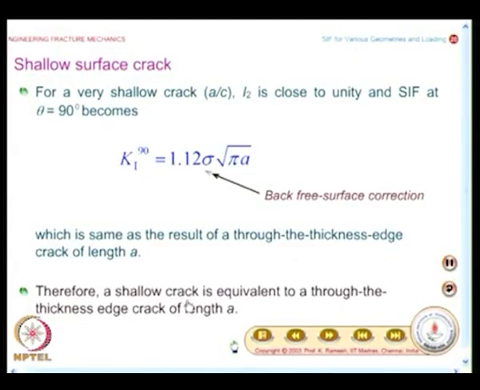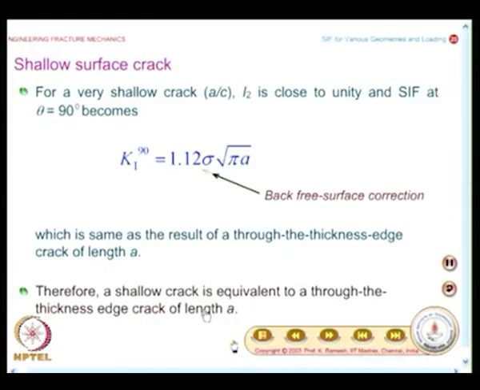So, one way of making our knowledge in a comparative sense, a shallow crack is equivalent to a through the thickness edge crack of length a. And we have always seen edge crack is more dangerous than a central crack. Not only this, we will also see later, though you compare a surface crack with a through the thickness crack, on the crack front in the through the thickness crack in thin plates you use plane stress only.